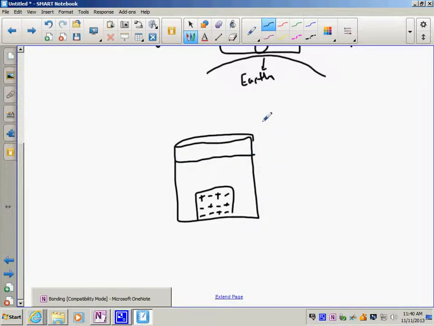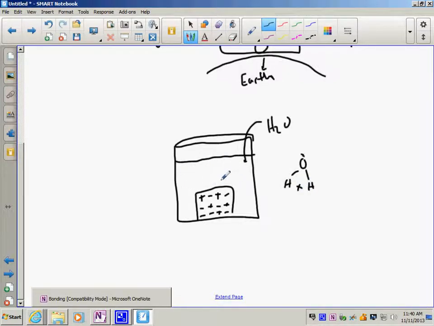Let's just say this solvent happens to be water, H2O. Water looks like this. Turns out that oxygen is very electronegative, and we really haven't discussed a whole lot about that yet, but this is making it slightly negative and makes this area slightly positive.